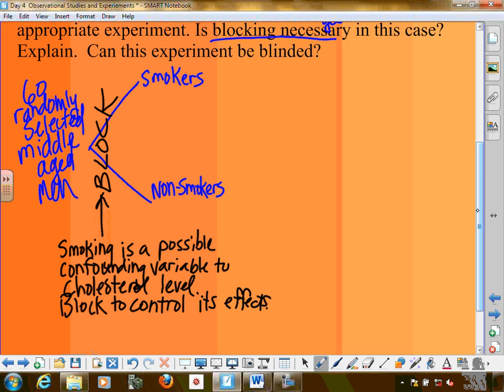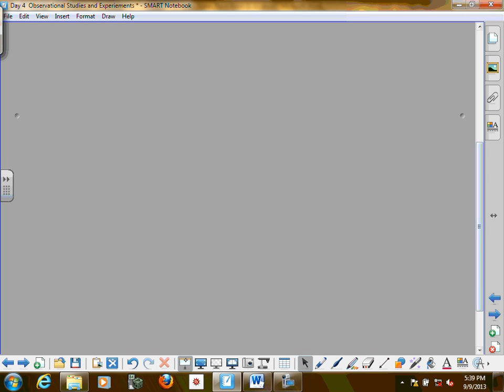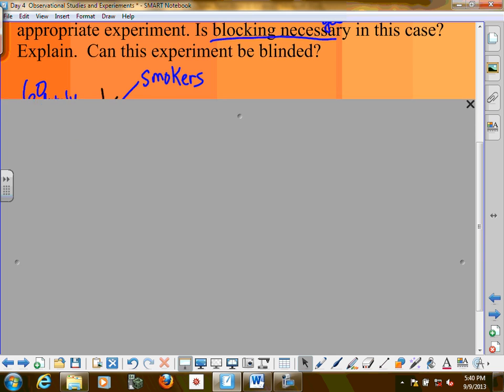All right, so here we go. We are now going to go ahead and do our little experiment. And remember that these are basically two parallel experiments. I'm going to do one with the smokers, and then I will end up doing the identical thing with the non-smokers. So what would you do with one of these groups?